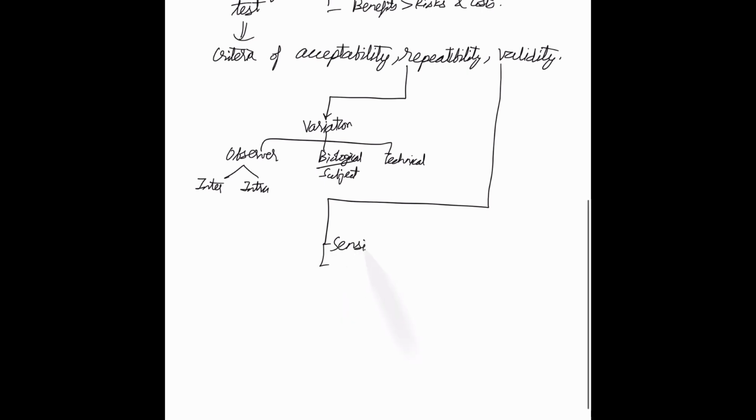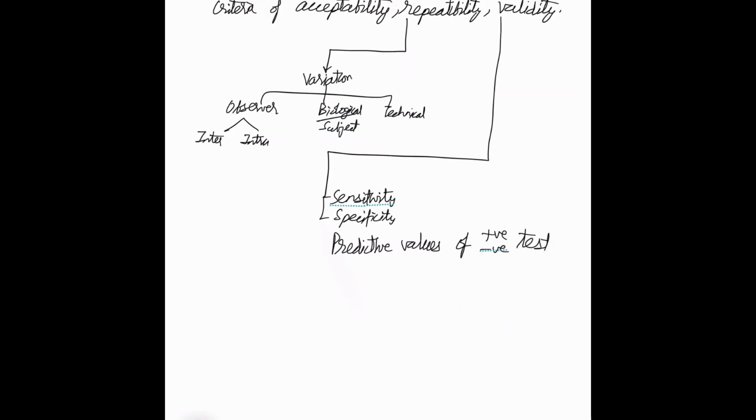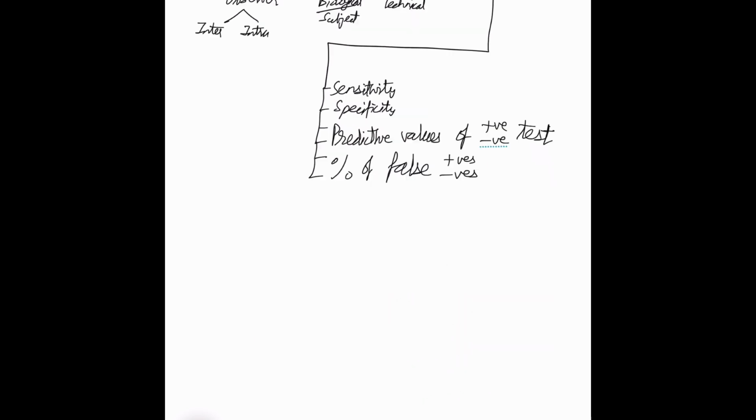And then there are various criteria for validity of a screening test, like sensitivity, the ability to detect true positives; specificity, the ability to detect true negatives; predictive values of a positive test and a negative test; and percentage of false positives and false negatives. Predictive accuracy also refers to the predictive values, plus what is yield and a small note on combinations of tests.